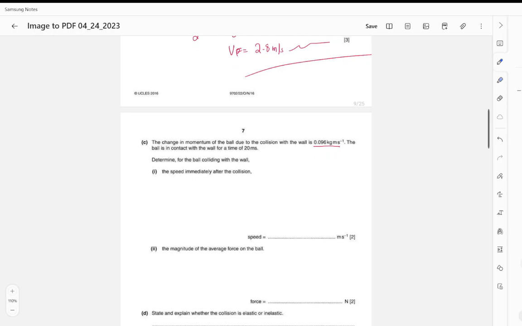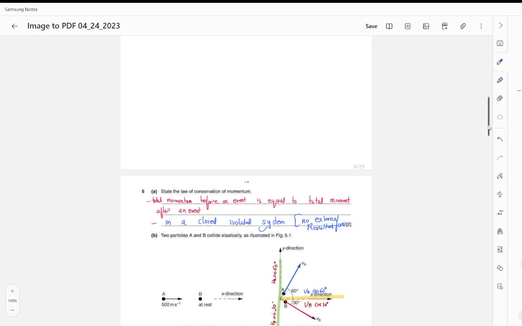We have the change in momentum of the ball due to the collision, so we can work this out this way. The change has to be negative if we are considering that it is acting on the ball and the ball is moving towards the left. So I'm just going to write this down as 0.096. This is the change. And so the change would be equal to v final.